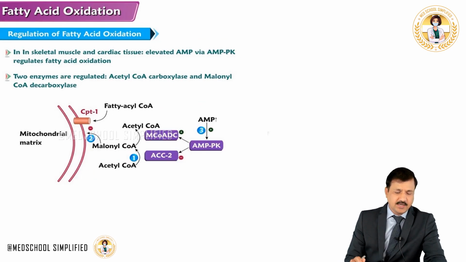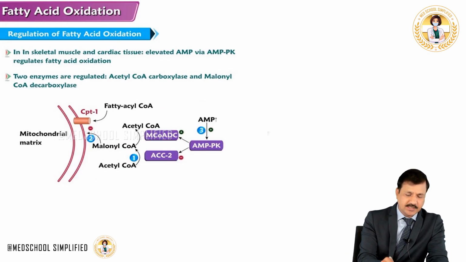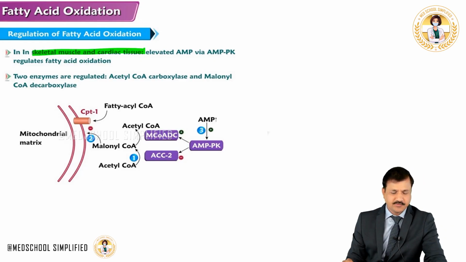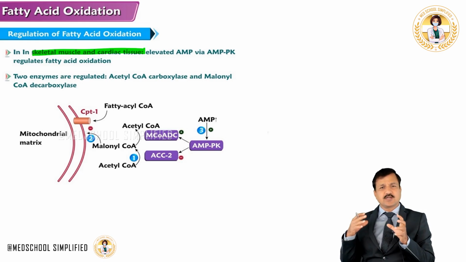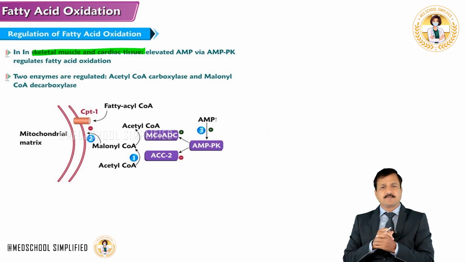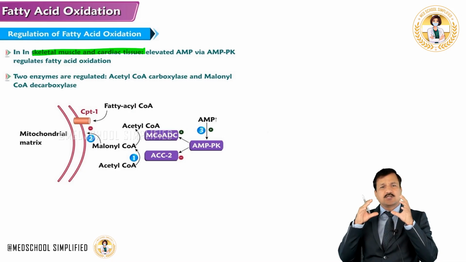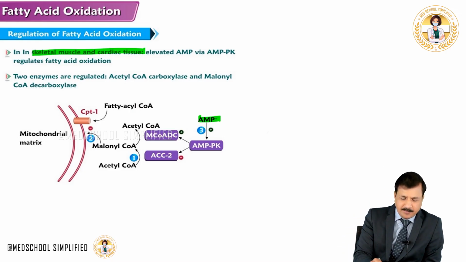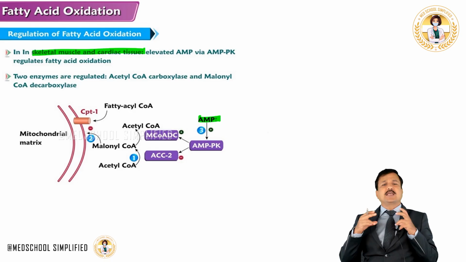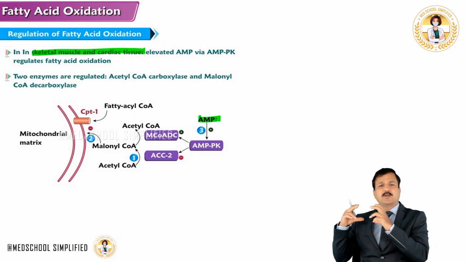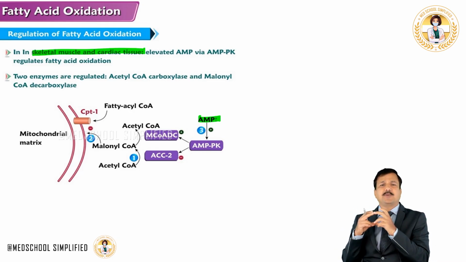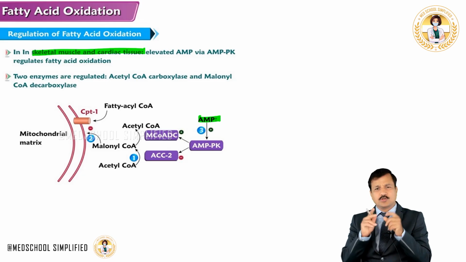So here is a regulation of fatty acid oxidation in the skeletal muscle and cardiac tissue. This figure is showing you how fatty acid oxidation is regulated in the muscle here. Now the AMP, whenever muscle contraction is going on, the AMP level rises, and this AMP is going to activate a protein called AMP activated protein kinase, and this AMP activated protein kinase has two roles.